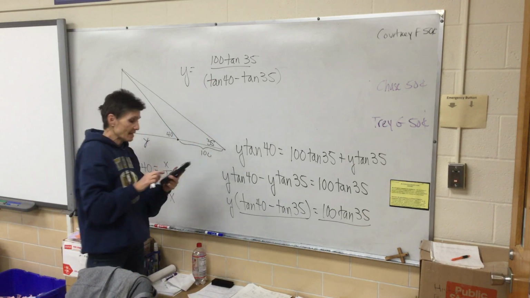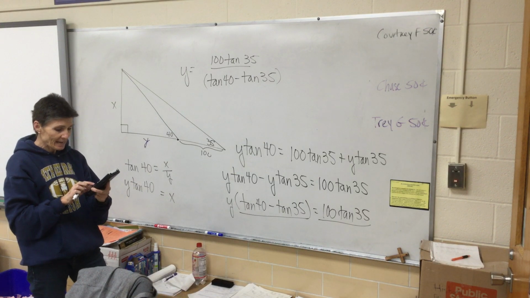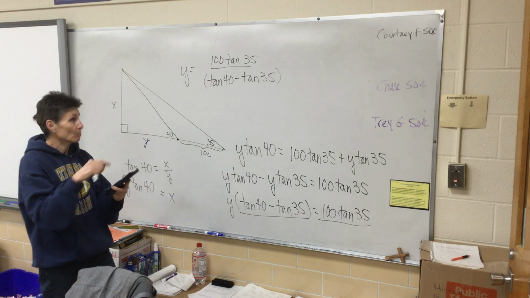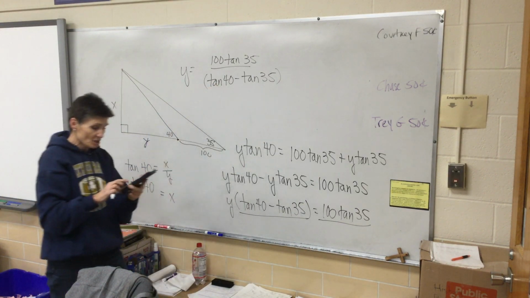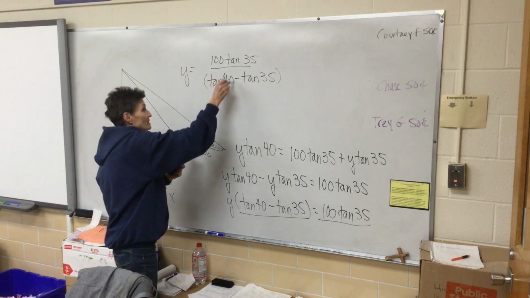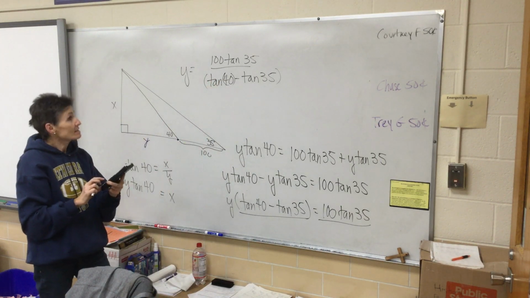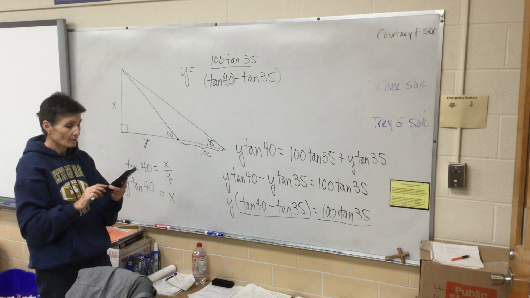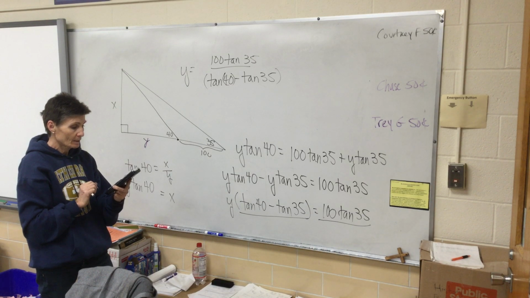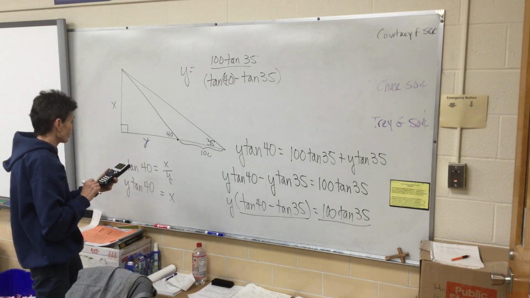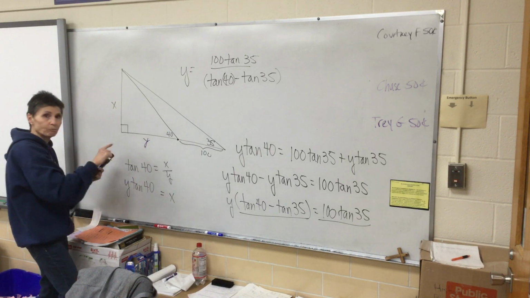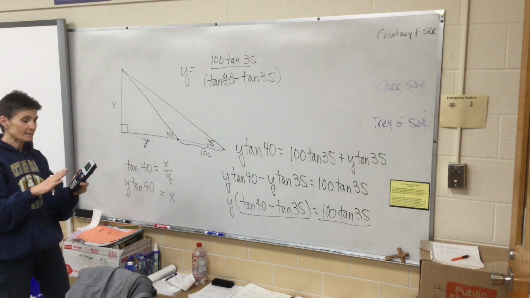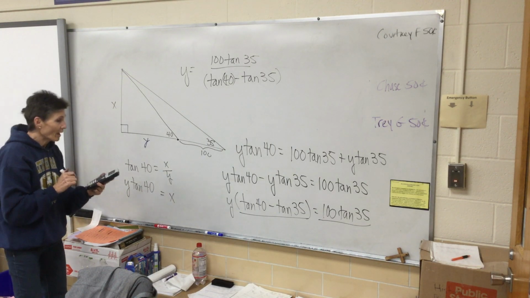Divided by parentheses, tan 40. And on my calculator, parentheses come up automatically, so I have to close that parentheses. And then minus tan 35. And I got 504. So y is 504. Keep that number. We don't even need to write it down.